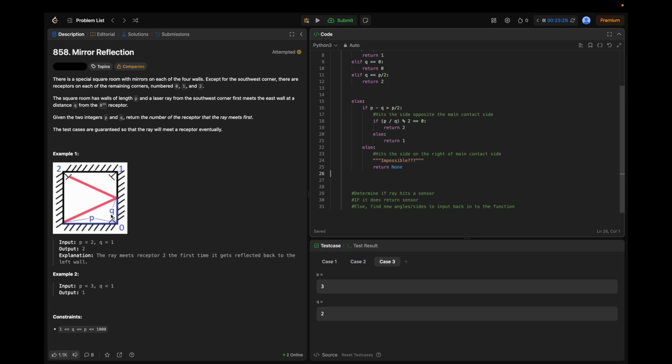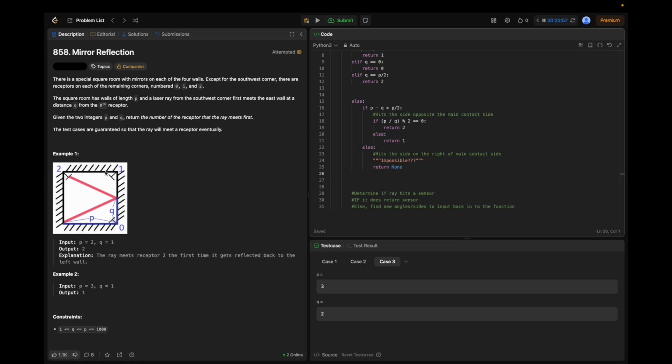That has me questioning my assumption that p divided by q will always be an integer. Like 7 and 3. Right, let's say p is 7, q is 3, so it'd hit right here. Then it'd go up and hit around 6. And then it would go up and it'd hit here, just miss 1 by a hair.